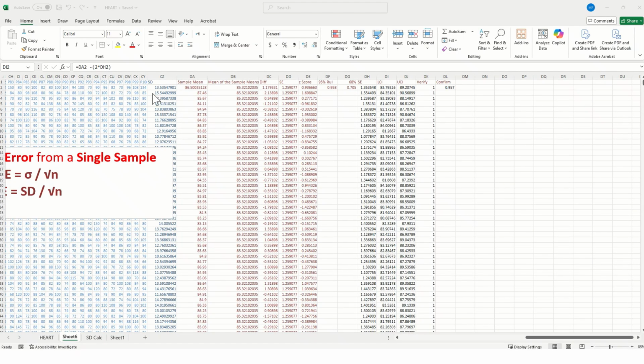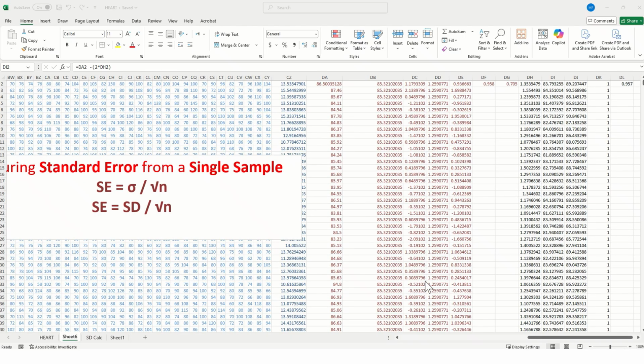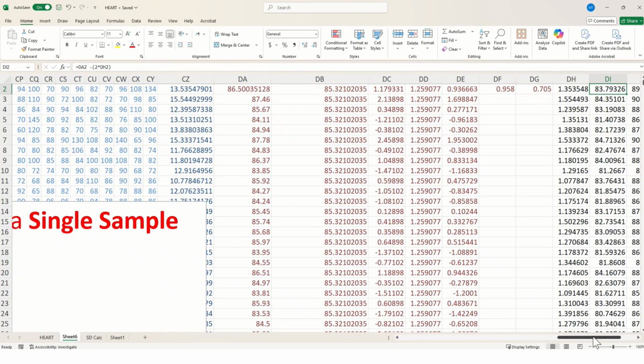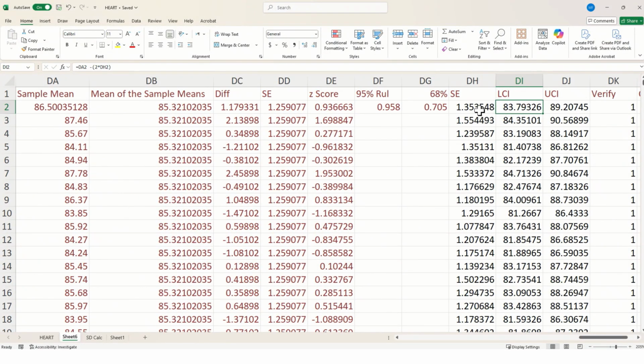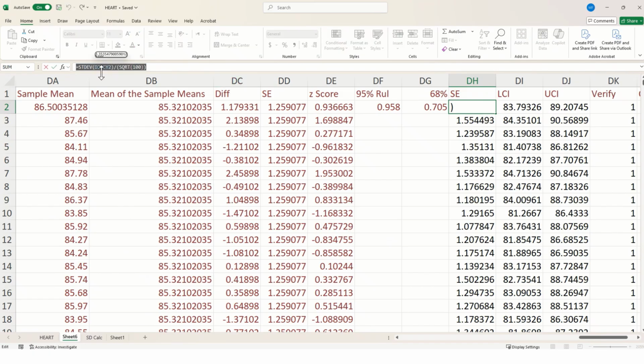Okay, so to calculate the standard error over here, we used a sample of around 100 individuals, right? So when we calculated the standard error for the full sample that we used for our calculation over here, if you look at the formula, it is the standard deviation of the first sample, the D2 cell to CY2, divided by square root of 100.